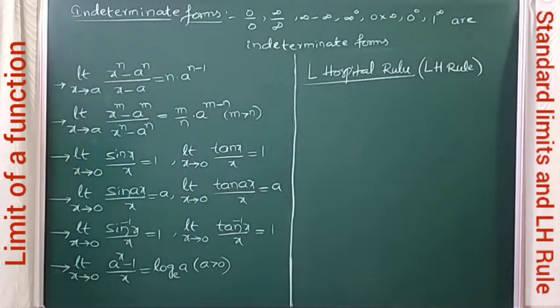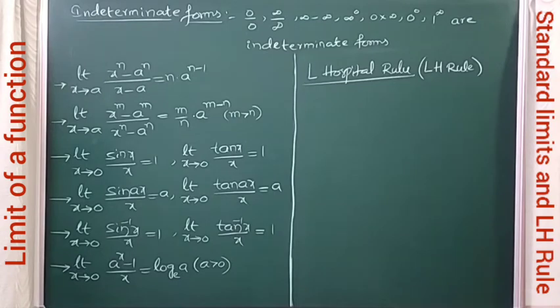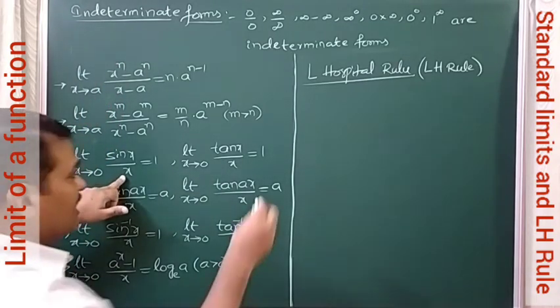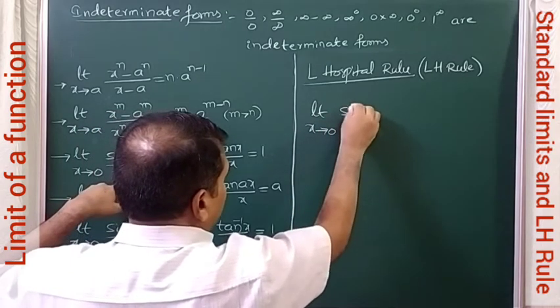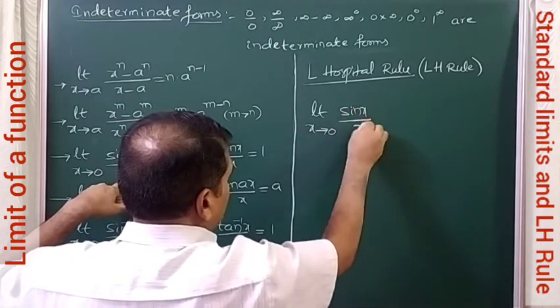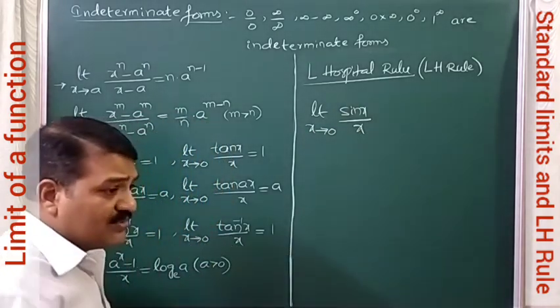This is basically to determine the limit of a function which, when you substitute, is an indeterminate form. So if I take this function, limit x tends to 0, sin x by x, directly when you are putting x as 0, you are getting 0 by 0.